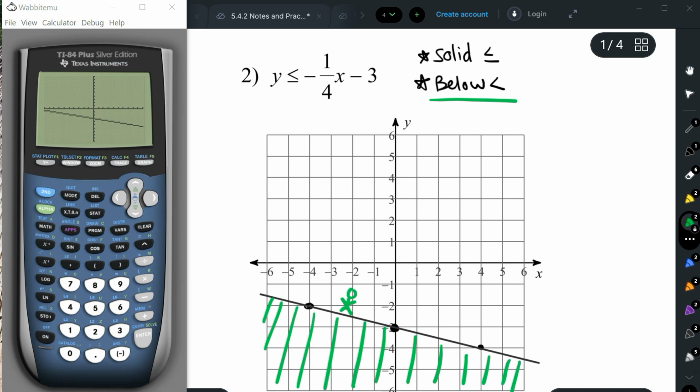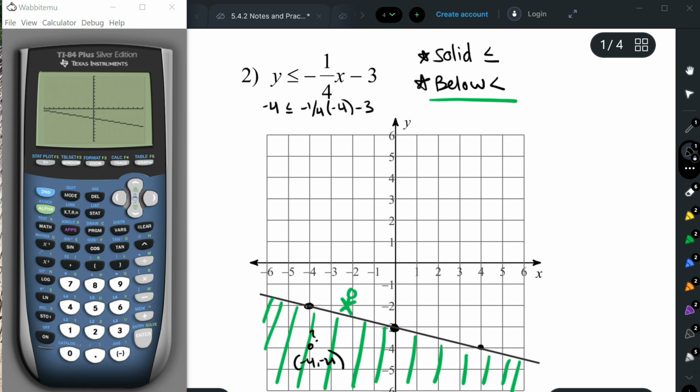Pick a test point. So if we were to pick the point like -4, -4. Putting that back into the equation, so -4 less than or equal to -1/4 times -4 minus 3.